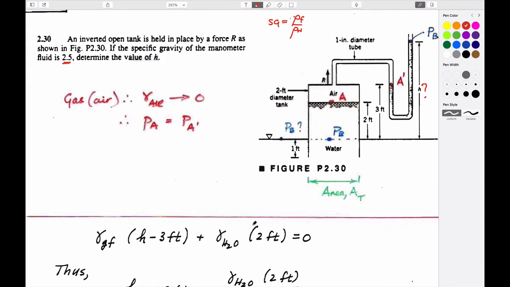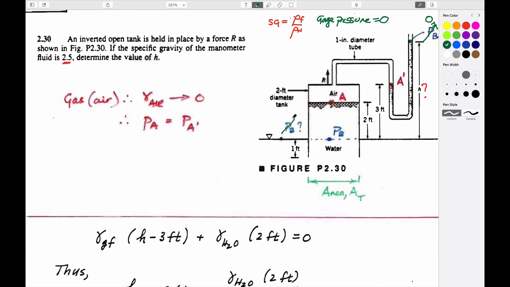We do it in exactly the same way that we've done other ones. We'll work from something that we know to something that we don't know. So we have to figure out exactly what we know in this case. We know that the pressure here is atmospheric. So if we use gauge pressure as 0, then this is by definition 0.